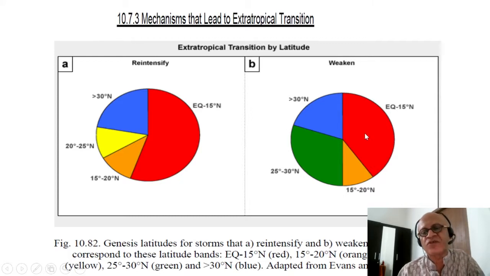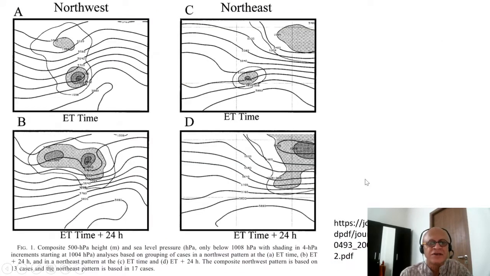So we need to look for those details of the mechanisms that take these cyclones and then either re-intensify them or weaken them. And here again, greater than 30 north latitude, some of them re-intensify, some of them weaken, and this band remains almost the same as well.